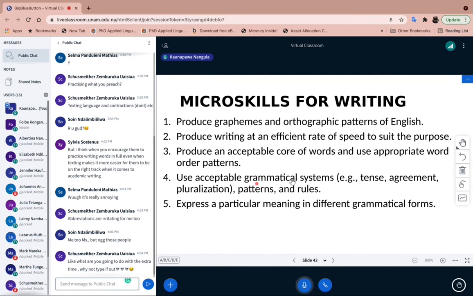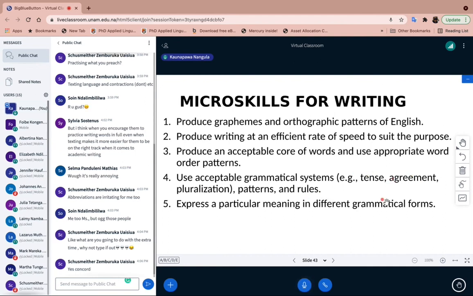Use acceptable grammatical systems such as tenses, agreement, pluralization, patterns, and rules. Do you understand what is meant by agreement, by the way? Agreement is more like she eats, he eats, concord basically, yes.